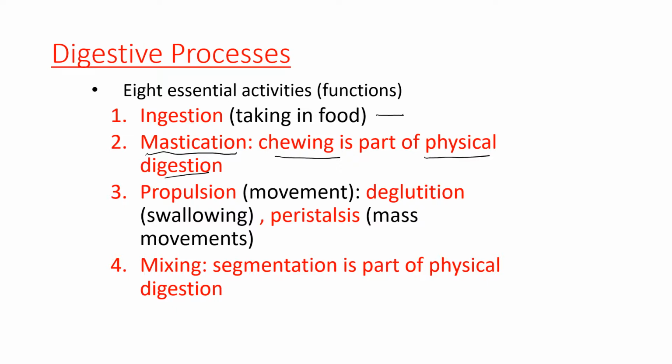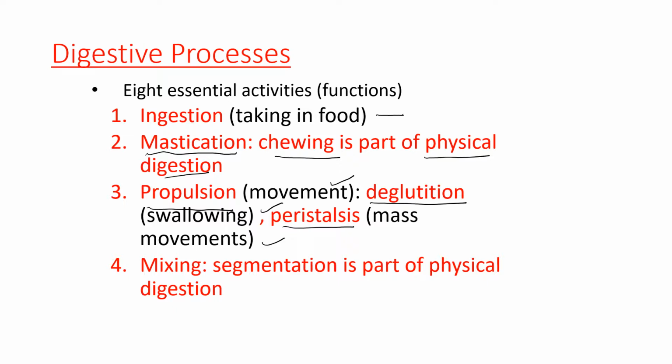Next, the food is moved along the gastrointestinal or GI tract by mechanisms such as propulsion, which means the movement of food; deglutition, which means swallowing; and peristalsis, which is the mass movement followed by smooth muscle contractions in the GI tract.